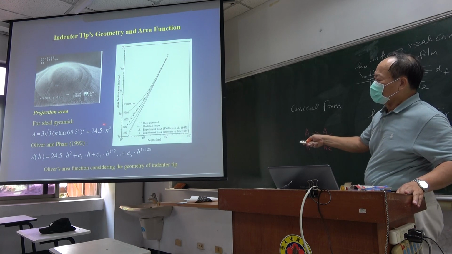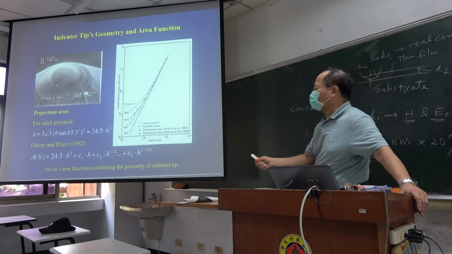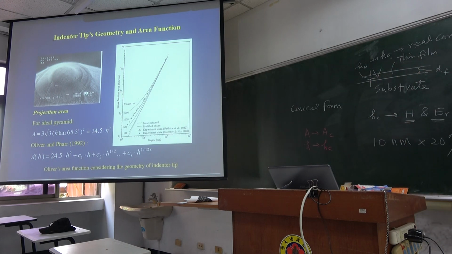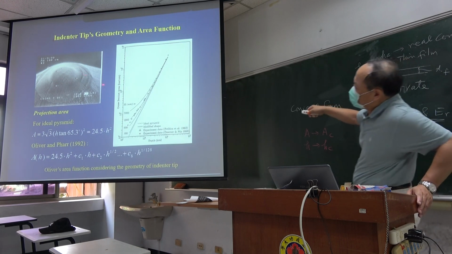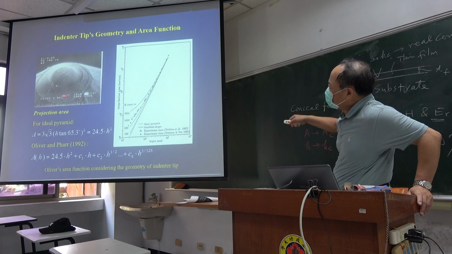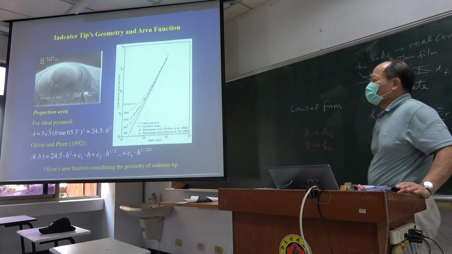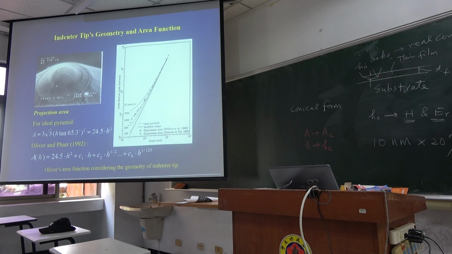But actually, your indenter tip is not the ideal case, not the sharp one. It's with the front surface, looking like this one. This is the SEM image of a Berkovich indenter. You'll find that the tip is just a rounded shape.